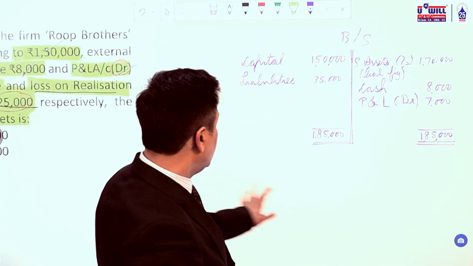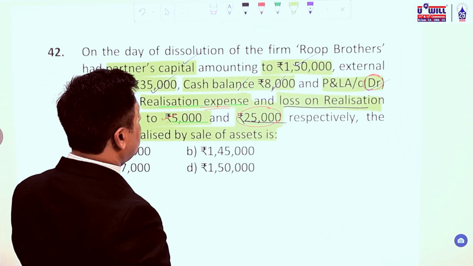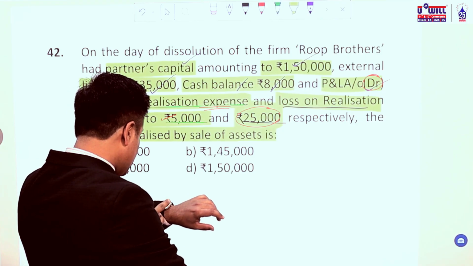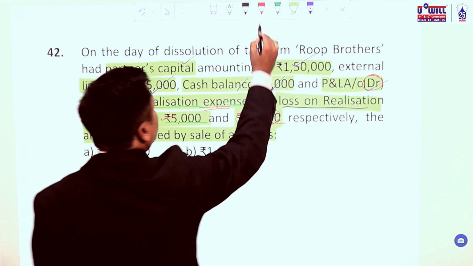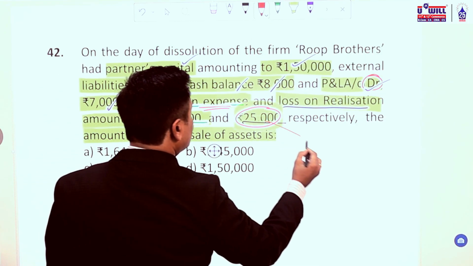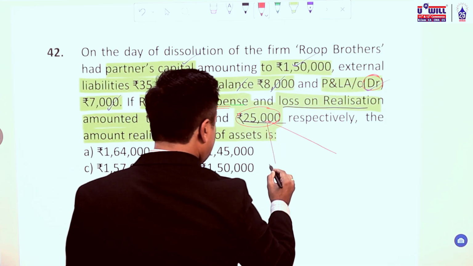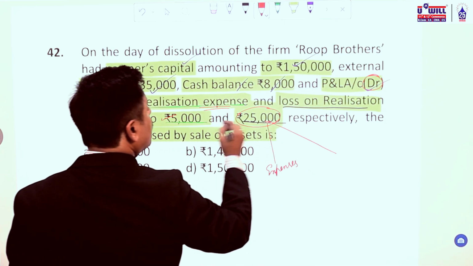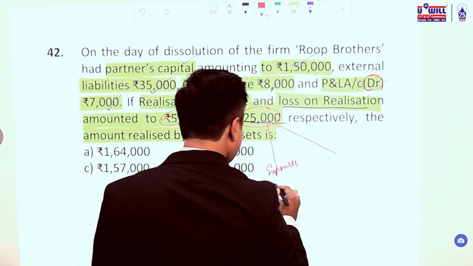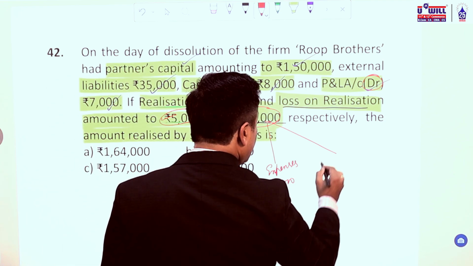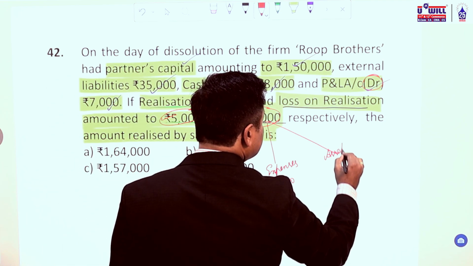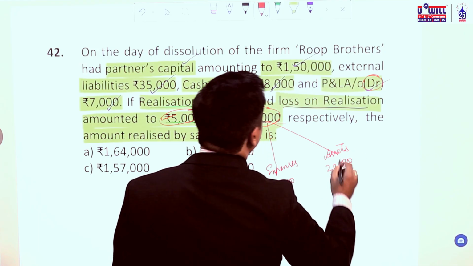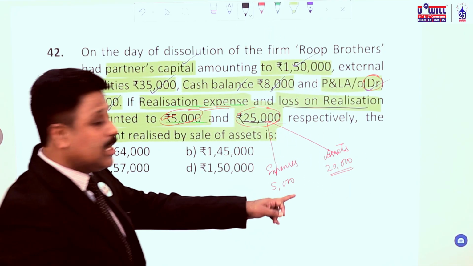Now over here, as I discussed with you already, out of 25,000 of loss, expenses are 5,000. Means what would be the loss on assets? 20,000. Loss on assets would be 20,000.